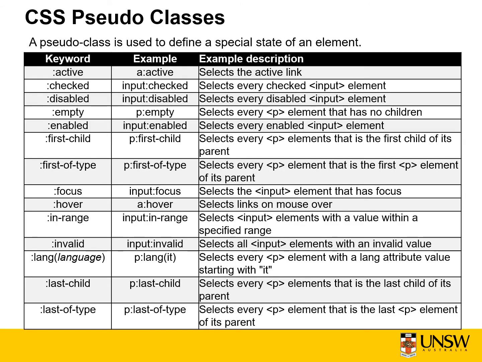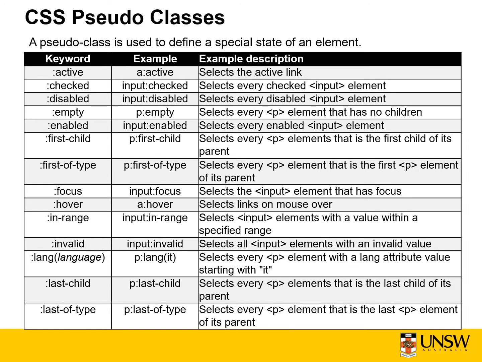Similar to pseudo-element selectors, there are different pseudo-class keywords to apply the style based on a specific state of the tags. Since there are a great number of pseudo-class keywords, I'll just explain a couple of them for you, and you can read the complete list of all the pseudo-classes in this and the next slide.